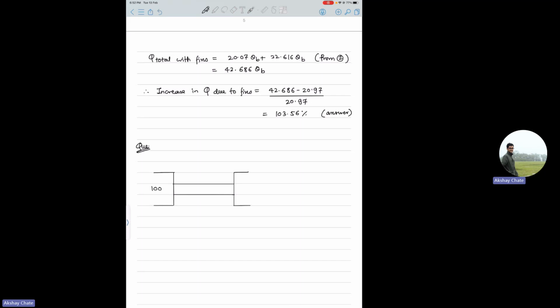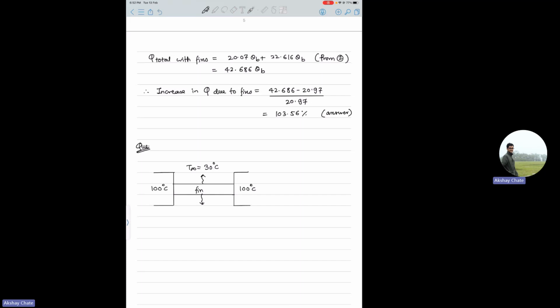This will be at some higher temperature, let's say 100 degrees Celsius. This will be at, again, 100 degrees Celsius. Case 1 is this one, and your T infinity will be around 30 degrees Celsius, normal thing. So basically your heat loss is taking place from this. So this is your fin.